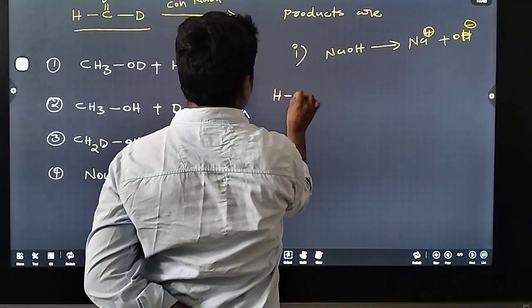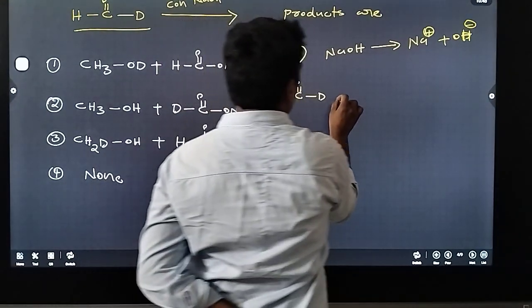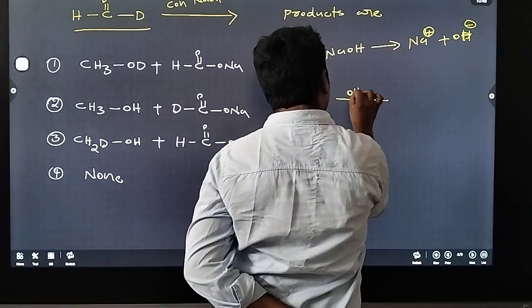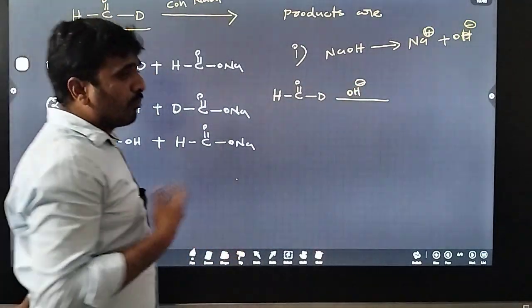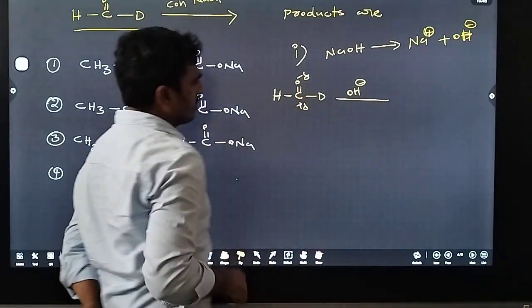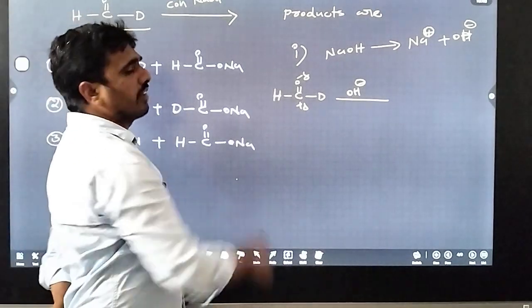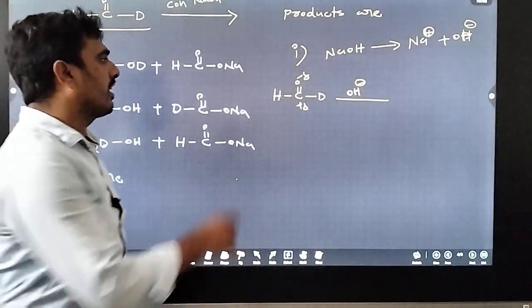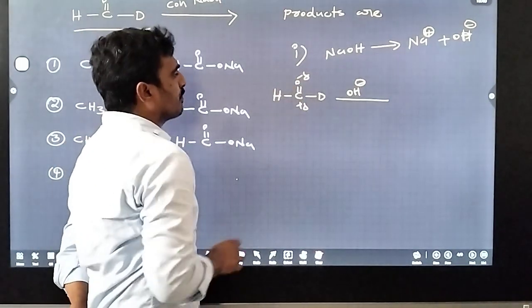So this is D. Our nucleophile is OH minus. The nucleophile attacks the more electrophilic center. Oxygen is partial negative and carbon is partial positive, because carbon is less electronegative when compared to oxygen. So electron displacement is towards the oxygen, and carbon gets a positive charge.